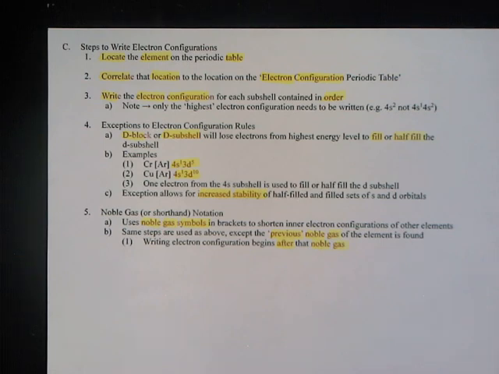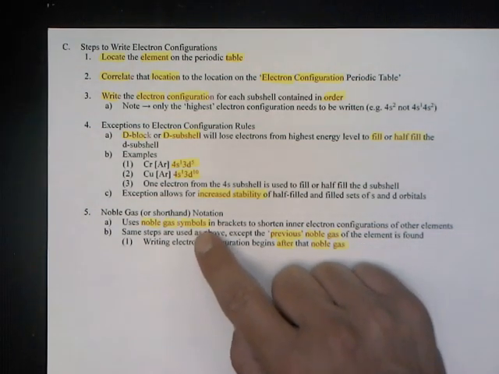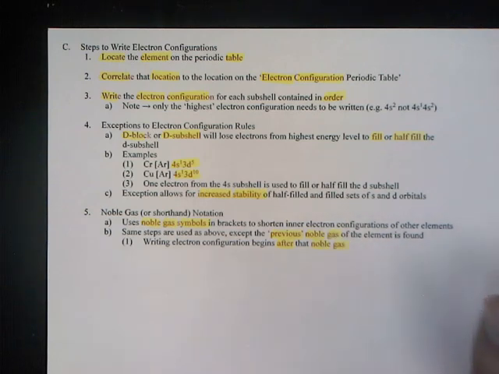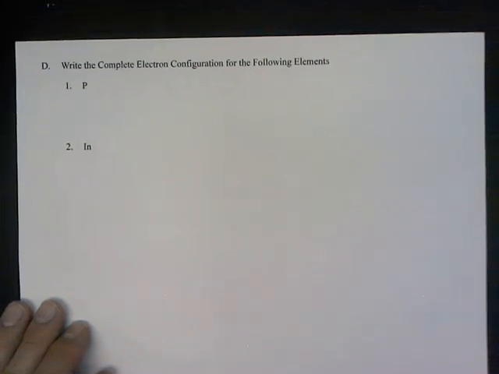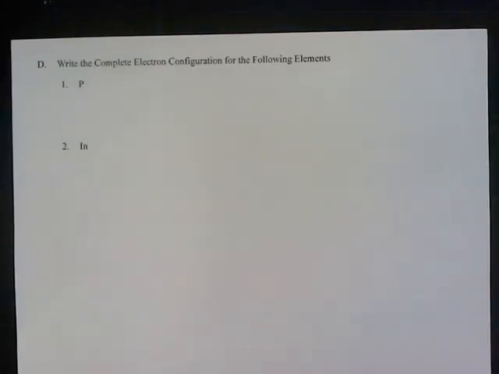Now, I'm going to show you the longhand version and then the shorthand version. We will go back to the previous noble gas, put it in brackets, and write it from there. So let's apply these steps, and we'll bounce back and forth from the periodic table. Write the complete electron configuration for these elements.